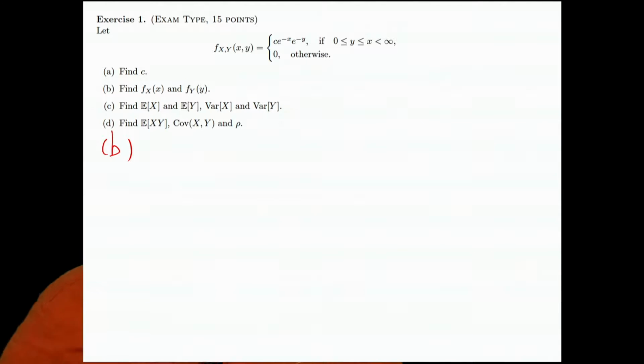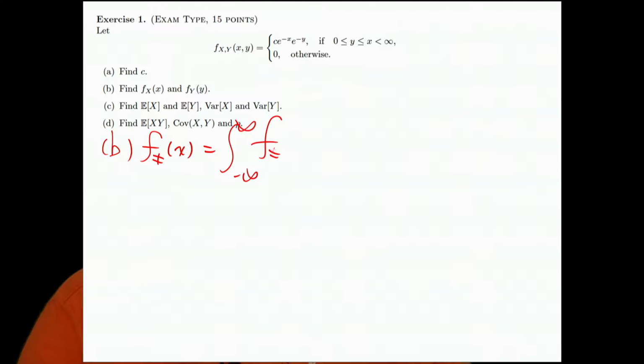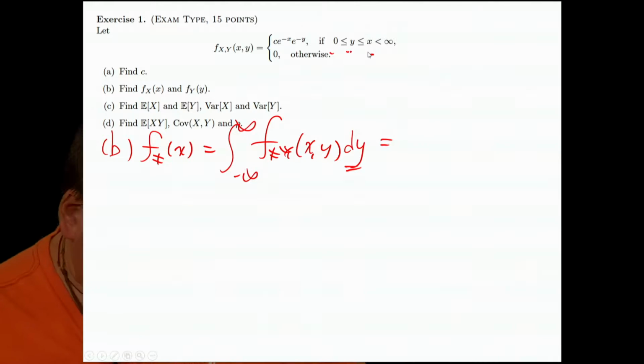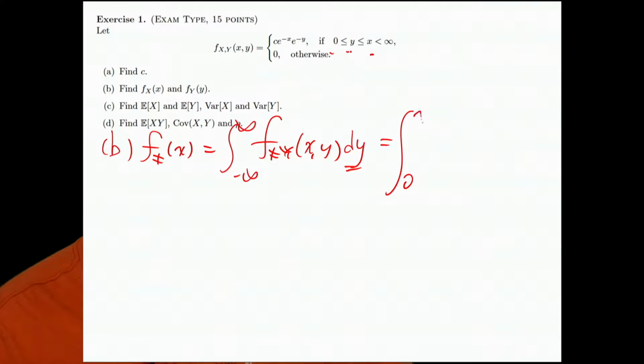And now probably we want to find the marginal PDF of x and y. So first, the marginal PDF of x is the integral from minus infinity to infinity. So I just take the joint PDF of x, y, and integrate y out. So it's dy, y is from 0 to x. And we know that c is 2.